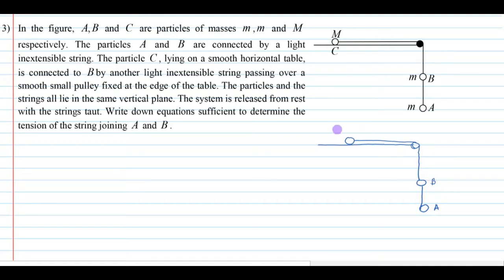A, B, C, M, m, m. mg, that is the weight of A, mg, that is the weight of B, and capital Mg, that is the weight of capital M. T, tension of this AB string, and T1, T1.